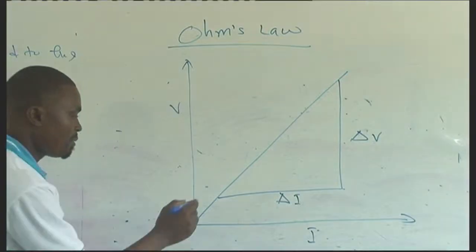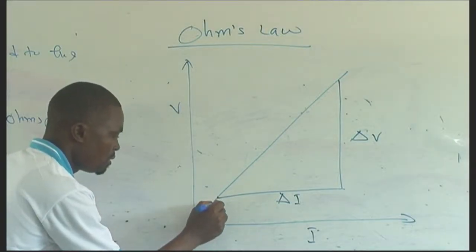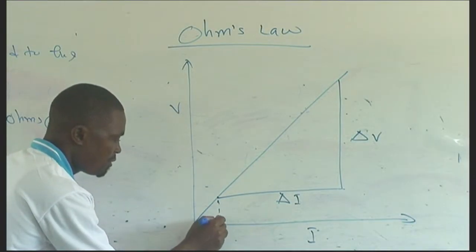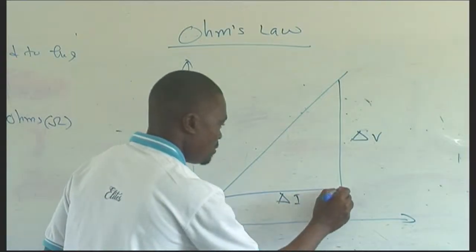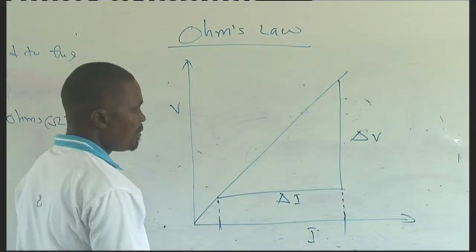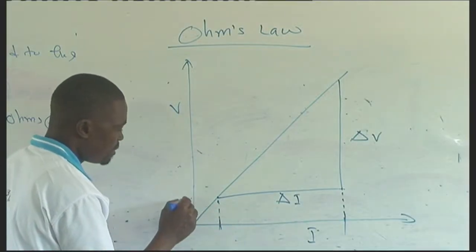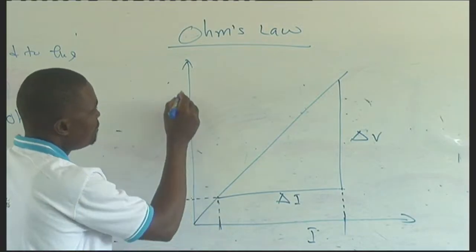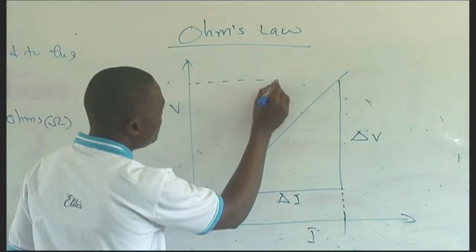We get the change in current from this point to this point, then the change in voltage from this lower point to the upper point.